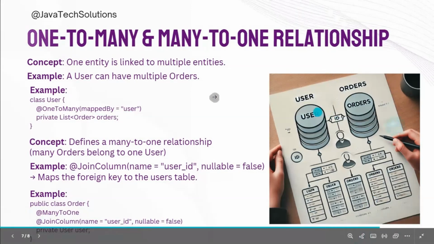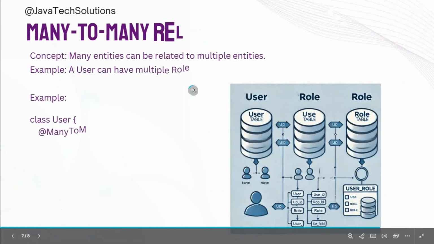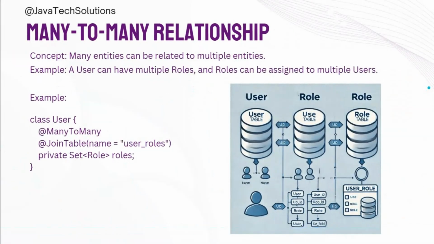Okay, next is the many-to-many relationship. Now let's say one scenario where multiple entities are related to multiple other entities. Think about students enrolling in multiple courses, or actors starring in multiple movies, right? So how do you implement this in JPA?